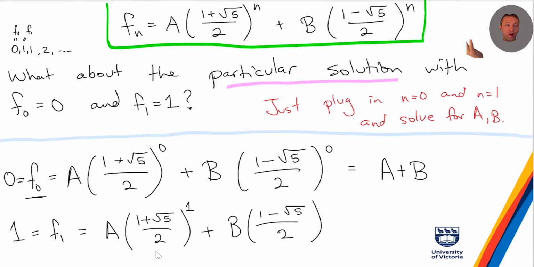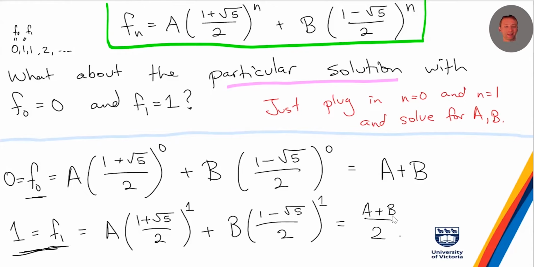And then if I plug in 1, f1 is 1, and f1 is equal to a times this thing plus b times that thing to the 1, which is going to be a plus b over 2, isn't it? Because if you put the a inside here, you get a plus b here, and you have a in front of the root 5, and the b in front of the... a plus b over 2, my bad.